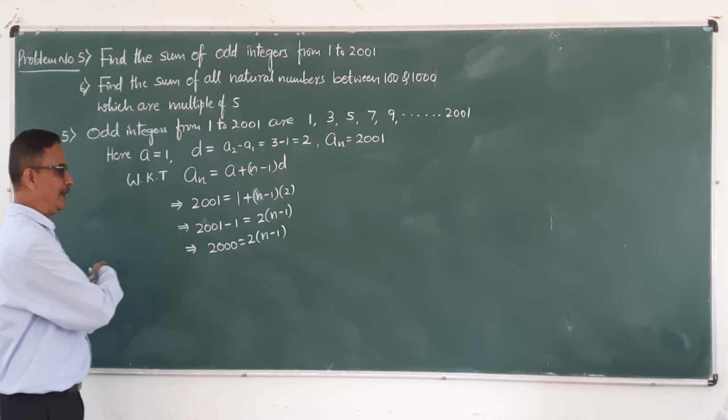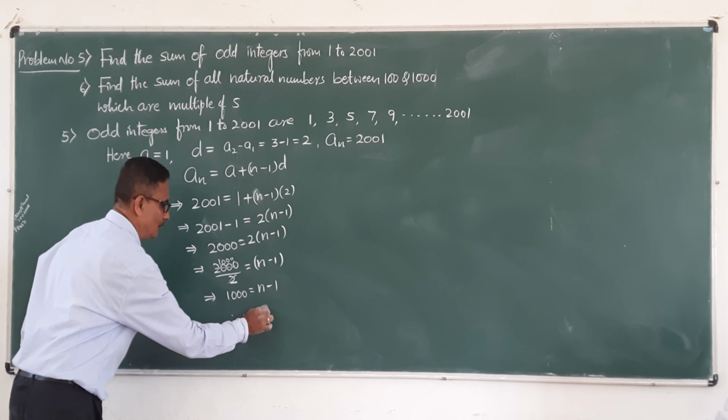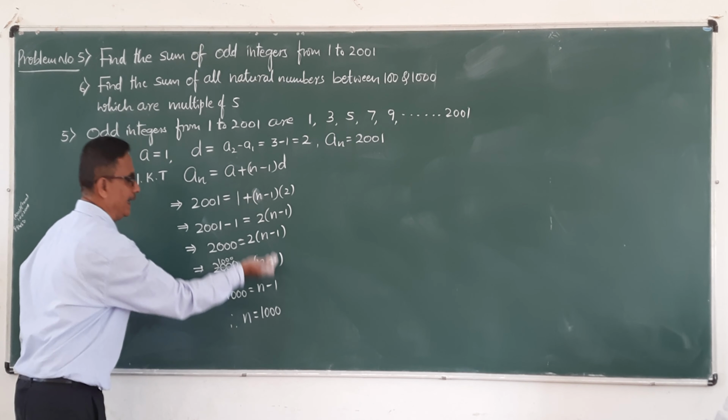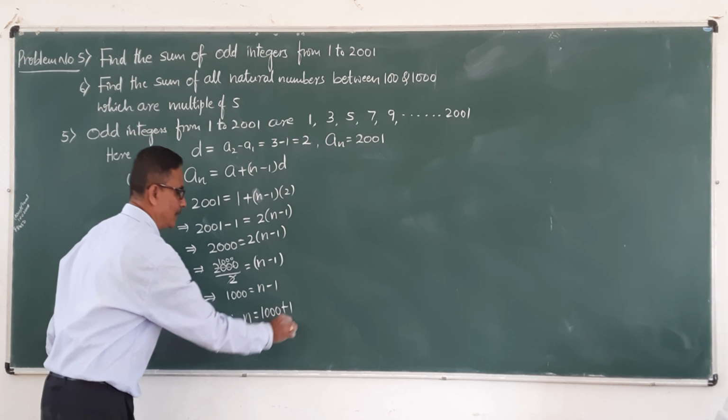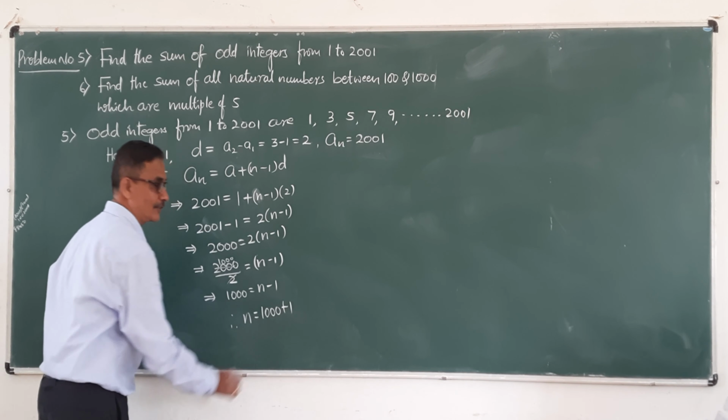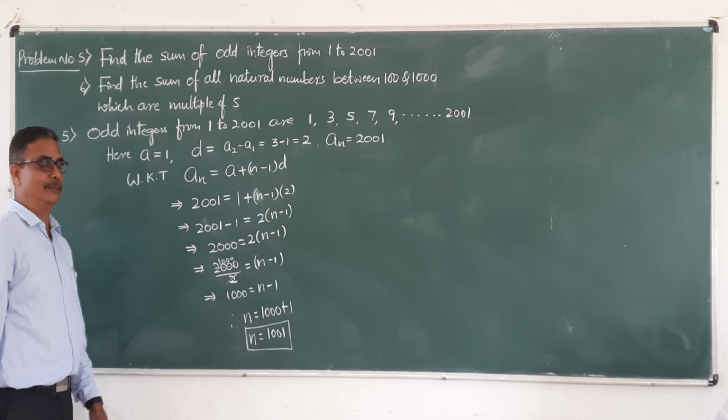Now divide both sides by 2. 2000 divided by 2 is equal to n minus 1. Implies 2 ones are 2000. So 1000 is equal to n minus 1. Therefore n is equal to 1000 plus 1, take minus 1 on left side plus 1. So that n is equal to 1001. n means what? Number of terms.